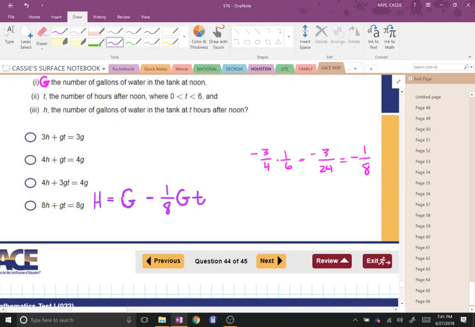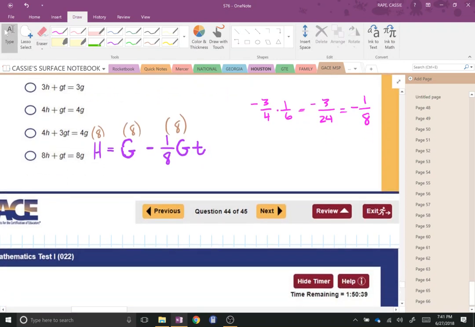I'm noticing that A, B, C, and D, they don't have fractions. And so I'm going to go ahead and clear these fractions by multiplying through by 8, and I'm going to see if it's any closer to what I'm kind of feeling. So 8H is equal to 8G, those cancel, minus GT.